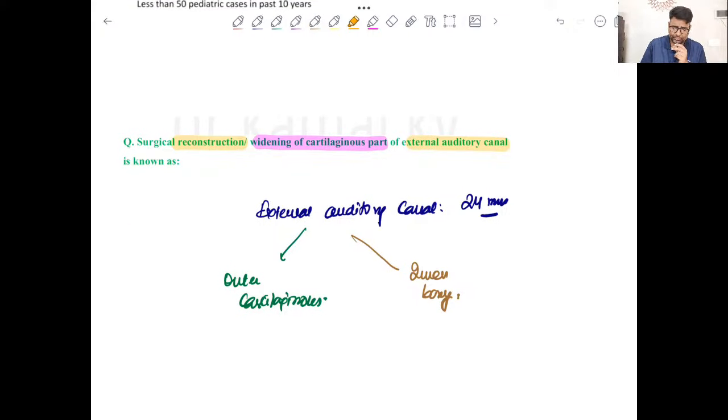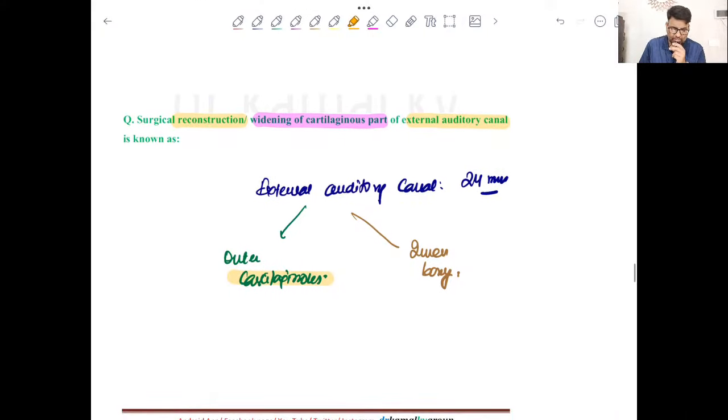So sometimes we try to widen this outer cartilaginous part by doing a surgical reconstruction, and this is known as Meatoplasty, right? Now the word meato is again related to the external auditory meatus, and plasty means surgical reconstruction.